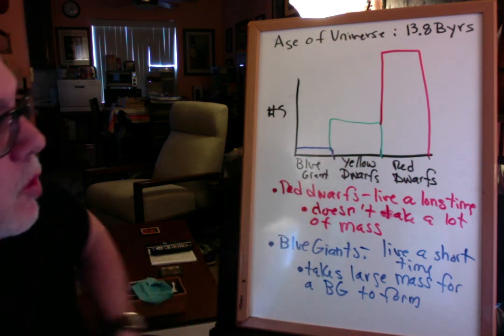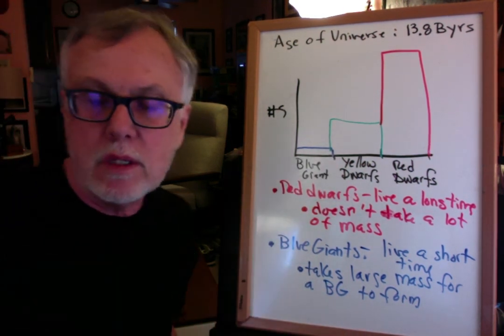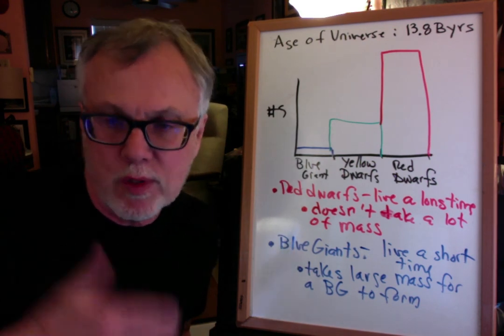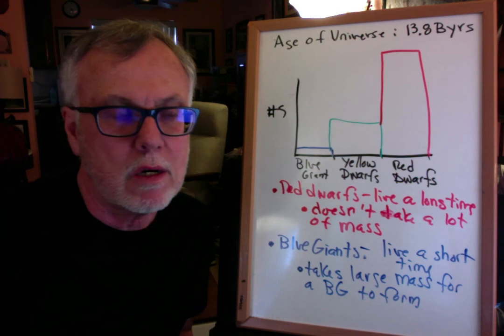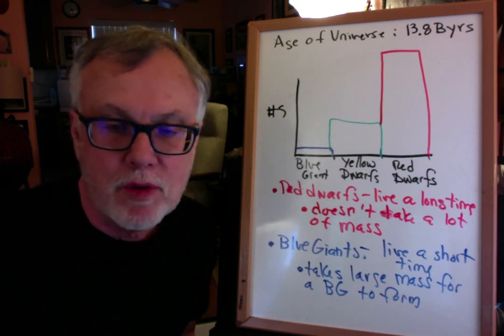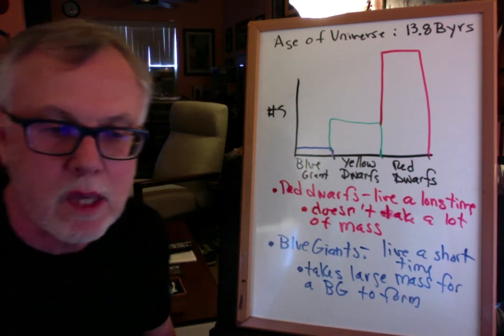So they're dim, so we don't see them. If we can jack up their brightness a little bit, the universe will probably be filled with these guys. We would see how many there are. Blue giants are rare, but they're so bright that we can see them from very far away. That's why the night sky is filled with them.